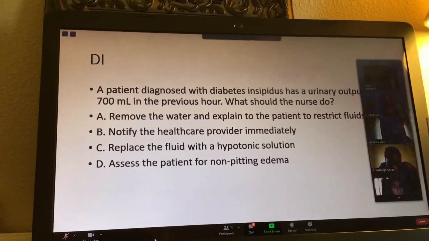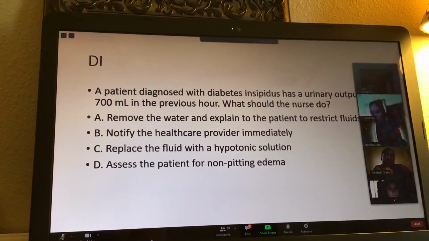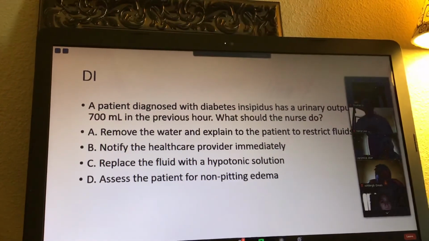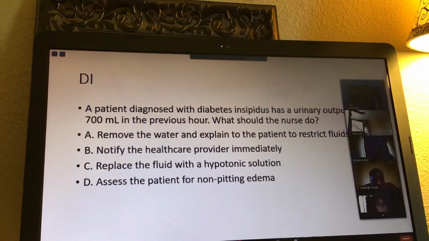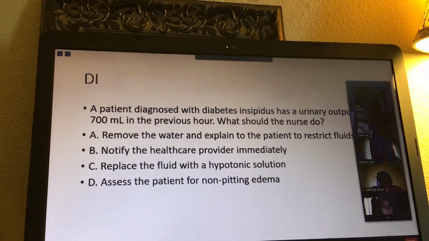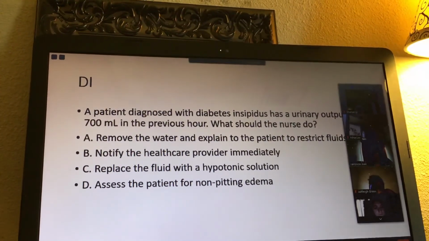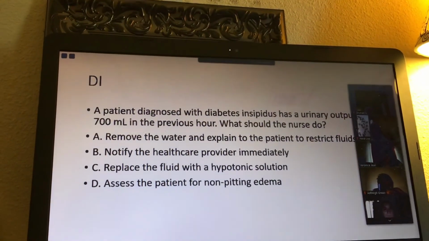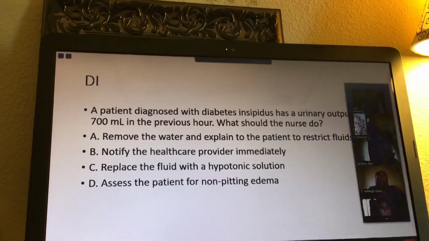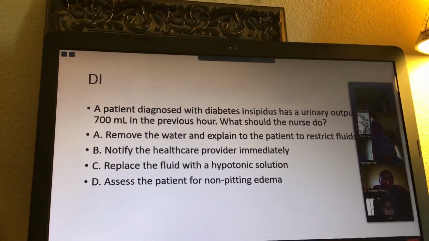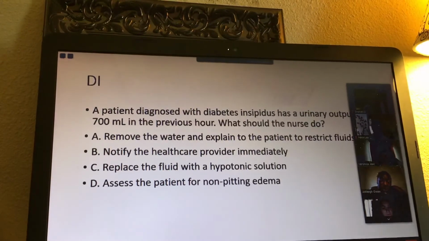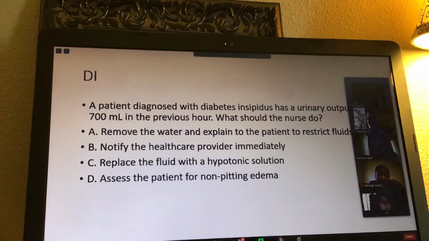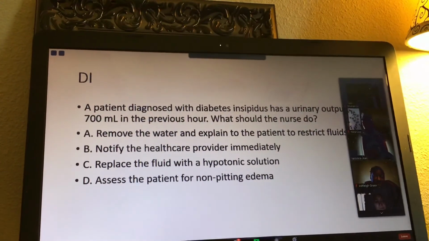All right, this is a DI question. The best answer? B. C. C. Okay, B and C. All right. Can you give me your rationales?